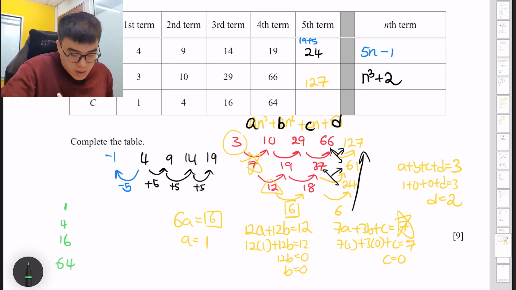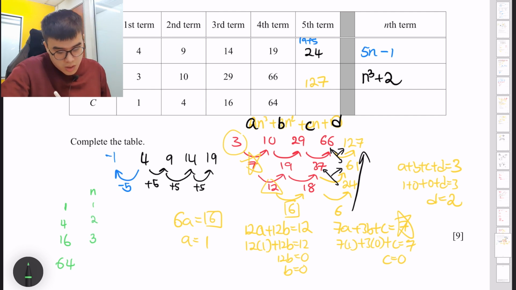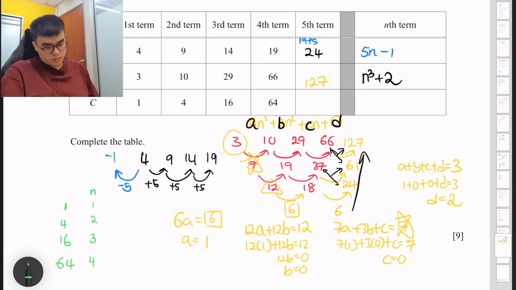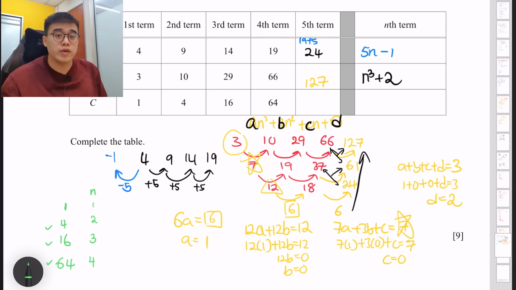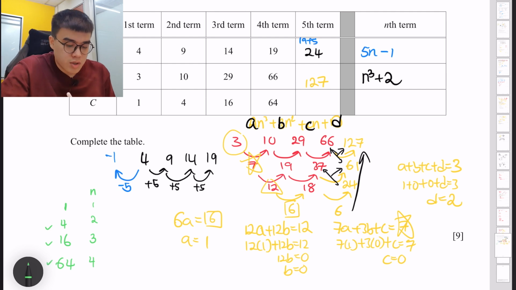This is when n is 1, n is 2, n is 3, n is 4. By looking at it, this 4 has something to do with the power of 4. So this is the first assumption that I make.